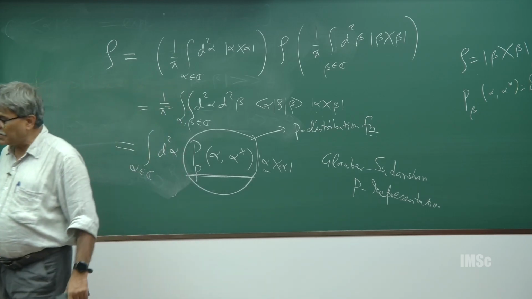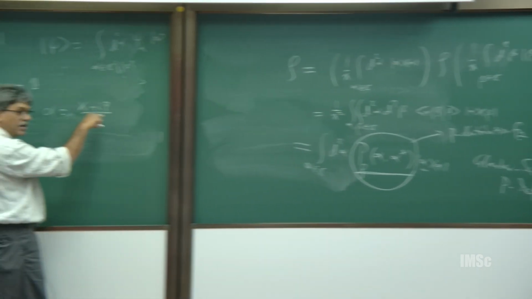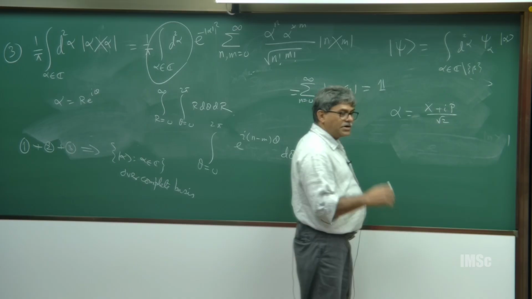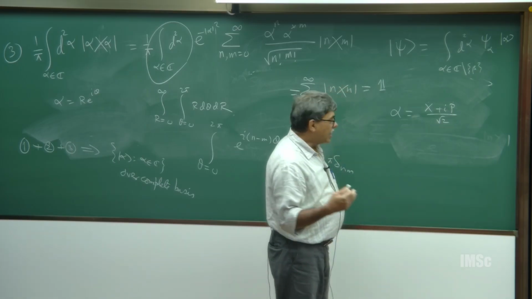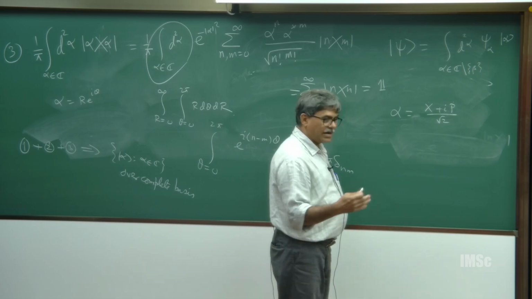So, alpha I can write in terms of its real and imaginary part. Generally I can write alpha equals x plus i p by root 2, where x by root 2 is the real part and p by root 2 is the imaginary part. These x and p are called quadratures, amplitude and phase quadratures for the classical light.